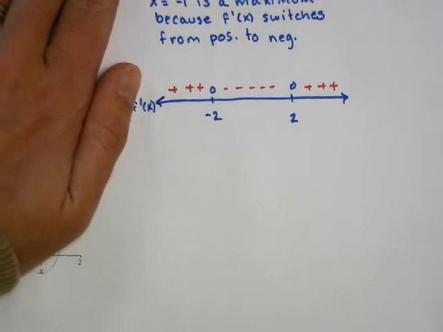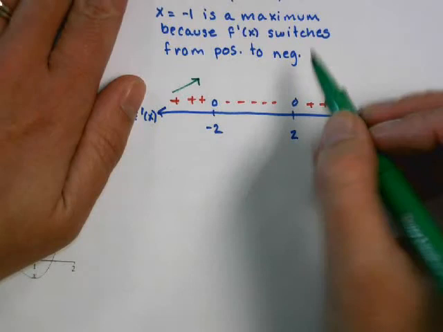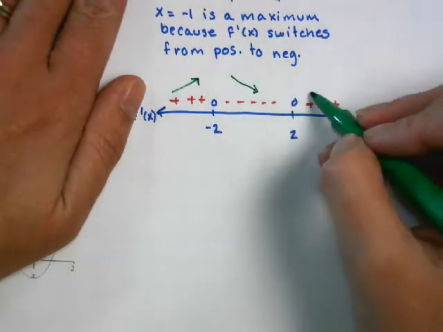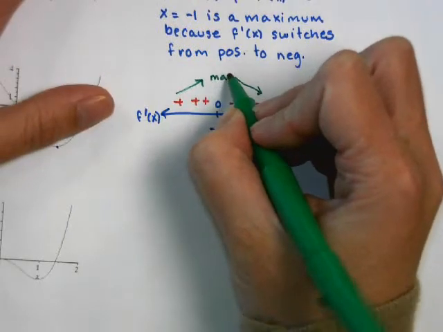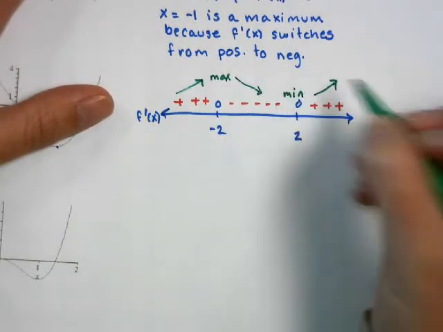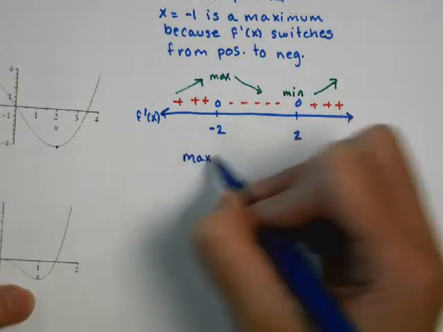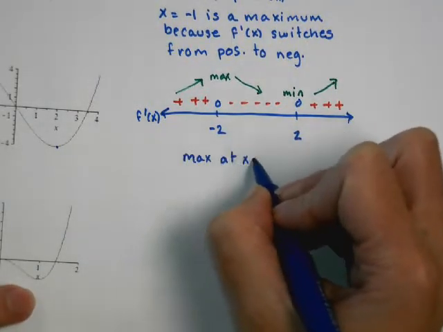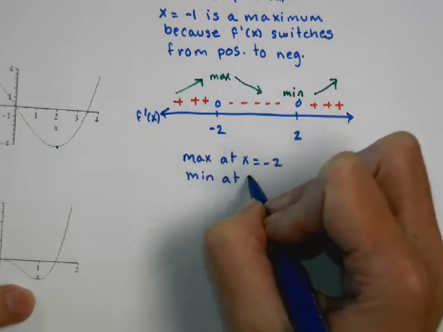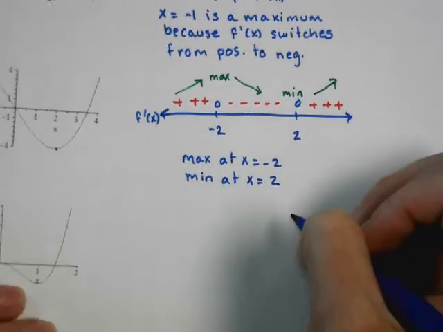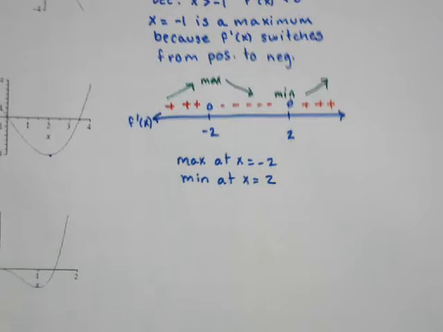So if this is all I had, I didn't have the graph, but I know that my graph is going up, then going down, then going up, which means we have a maximum here and we have a minimum here. So I'm just going to label that. We have a max at x equals -2. We have a minimum at x equals 2, and then if asked to justify, you would justify it like we did in the previous 2 examples.